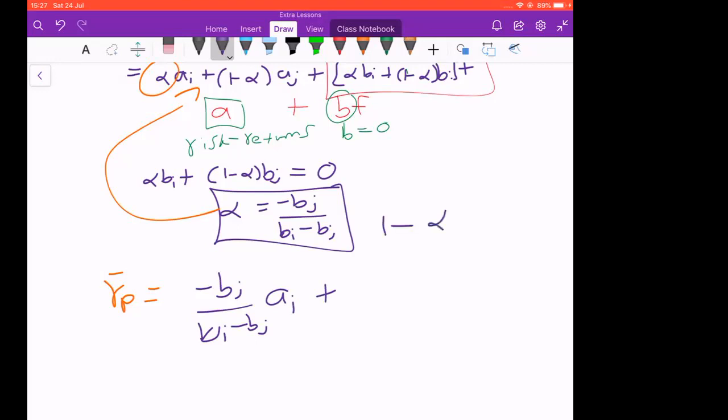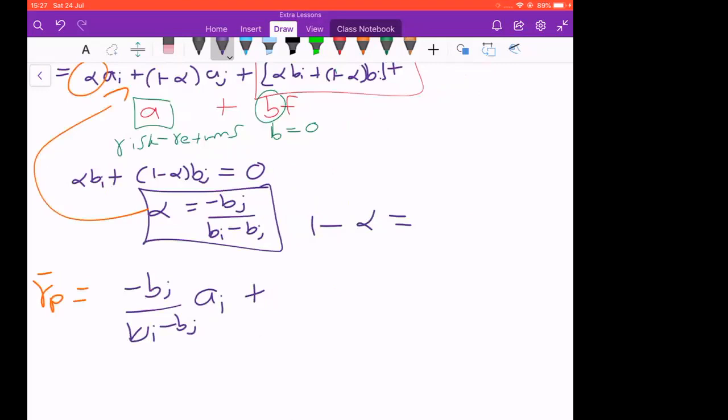So you will basically have minus BJ, minus BI plus BJ. And then you will have minus BI over BI minus BJ.